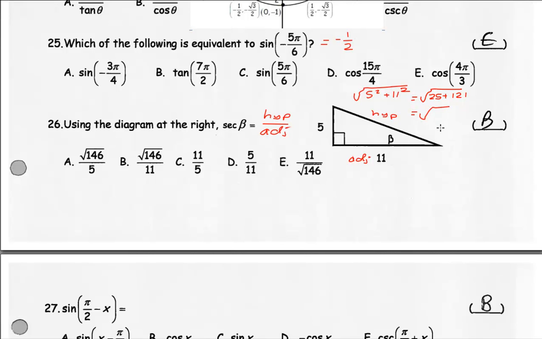And if you add 25 and 121, you get 146. So it's the root of 146. So we would have the secant of angle beta. It's the hypotenuse, which is the root of 146 over the adjacent side, which is the 11. And so that's why B is the correct answer for number 26.